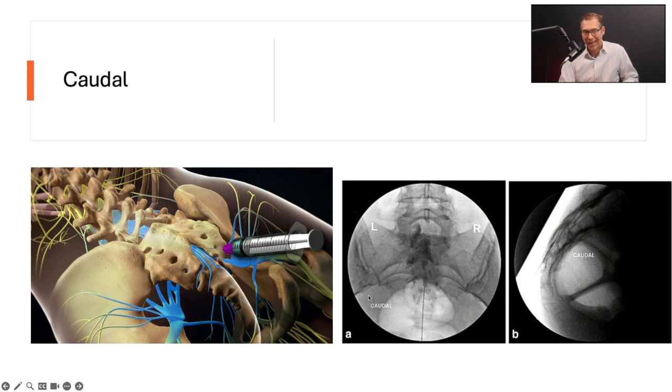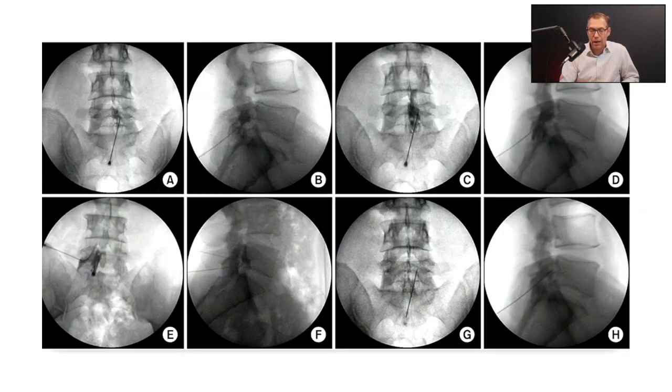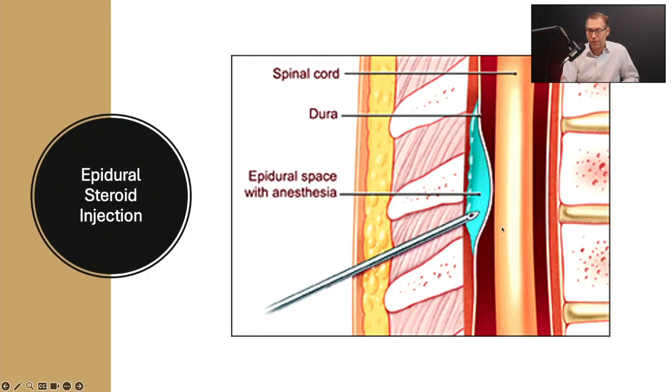One other question that comes up is, in the caudal, why not just do an interlaminar and just go up higher? Why not just go here? One thing that happens, if you remember this slide here, is when somebody's had surgery, sometimes these tissues can all get fused together and make it more difficult for the doctor performing the procedure to miss that epidural space and go right through into the spinal fluid.